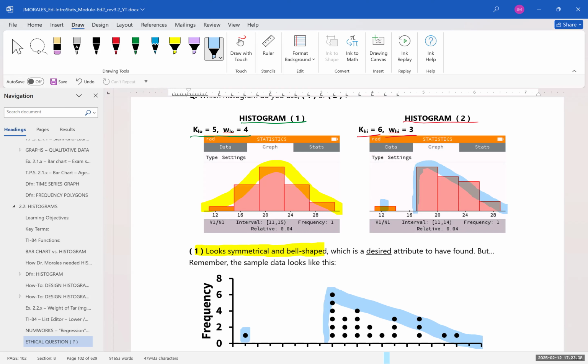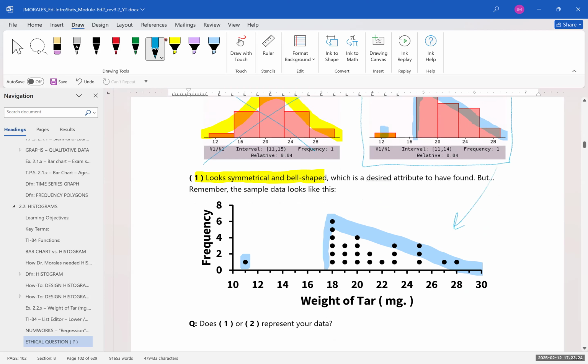So if I was ethically going to try and choose a histogram that represents my data, I'm not going to choose this one, even though it looks nicer. This one is truer to the data that we have.